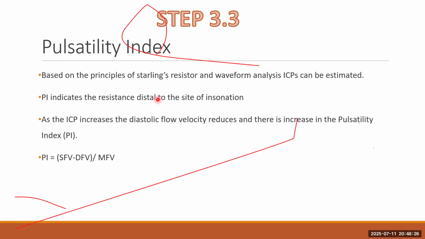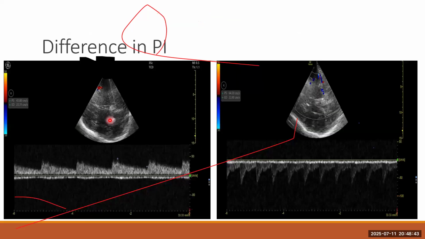So the pulsatility index depends on how the vascular bed is distal to the site of insonation. And we all know the formula is the peak velocity minus the diastolic velocity divided by the mean flow velocity. The pulsatility index can differ between the anterior and the posterior circulation. So here I am insonating between 40 to 60 mm.